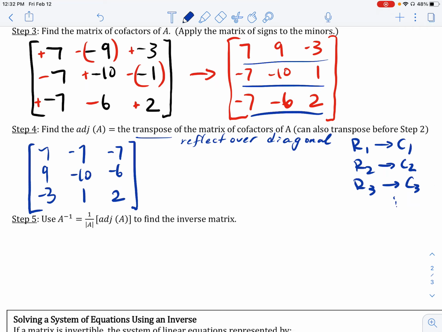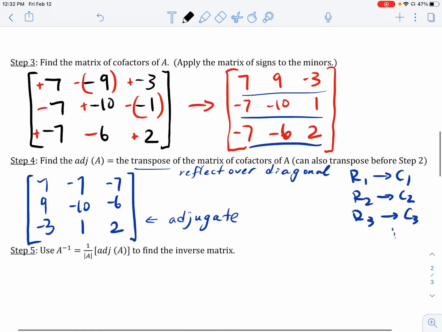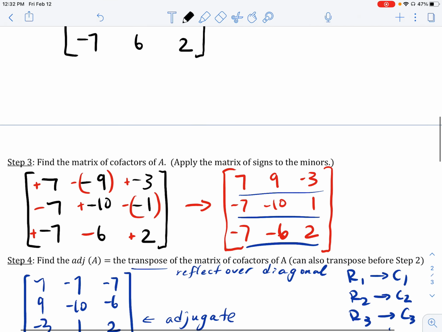Now that we have the transposed matrix of cofactors, this is my adjugate. We're going to multiply it by the reciprocal of our determinant, and that is our inverse matrix. So just to finish this up, what did we say our determinant was? It was -7.